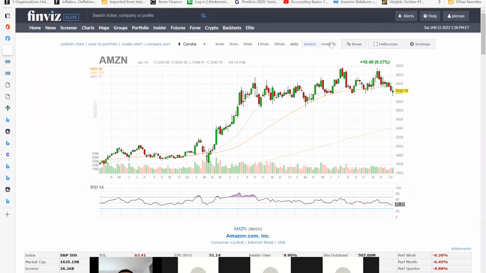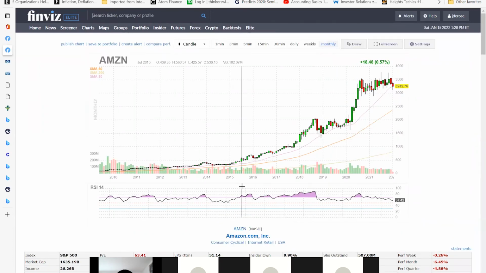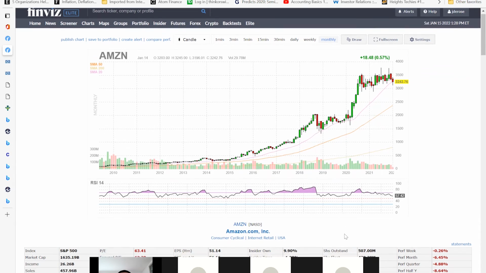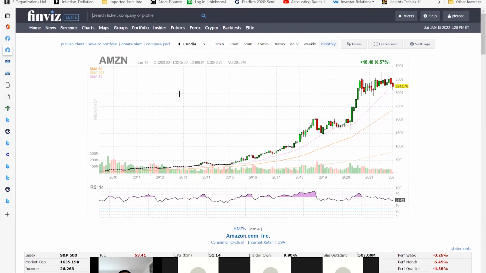That's weekly. You've got to pull up the monthly. All this time, all this growth, never profitable. This is phenomenal growth. They were never profitable. So you also have to understand for your industry what metrics are important, and then you want to filter for those metrics on the screener.